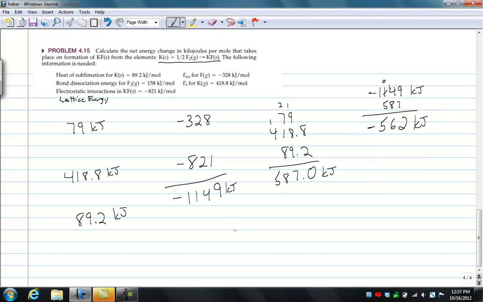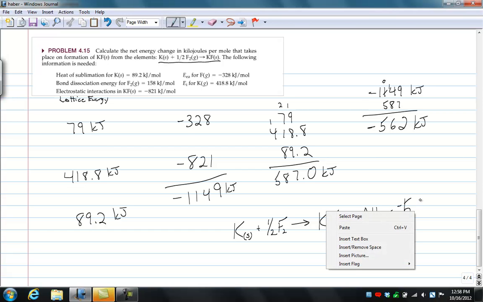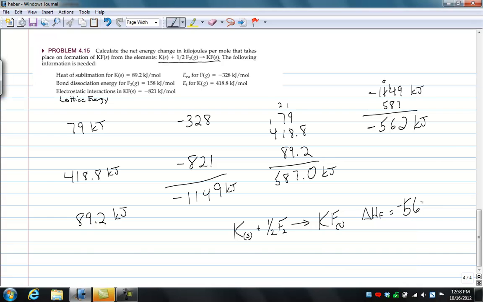And so for this reaction where potassium solid plus 1/2 a mole of fluorine gas forms 1 mole of potassium fluoride solid, that has a delta H of formation, or a net energy change, of negative 562 kilojoules.